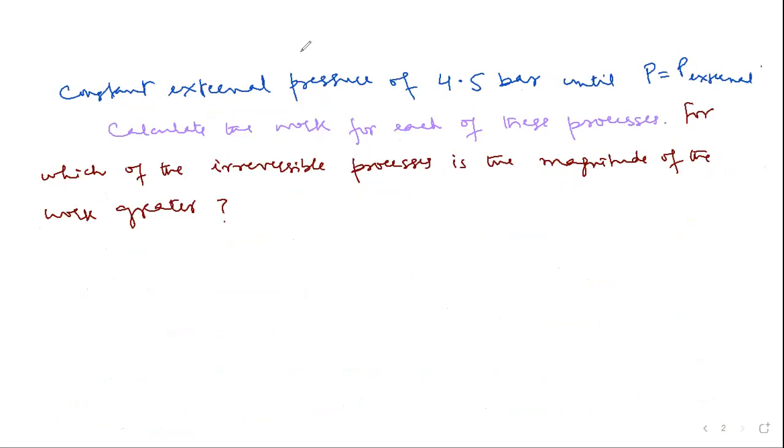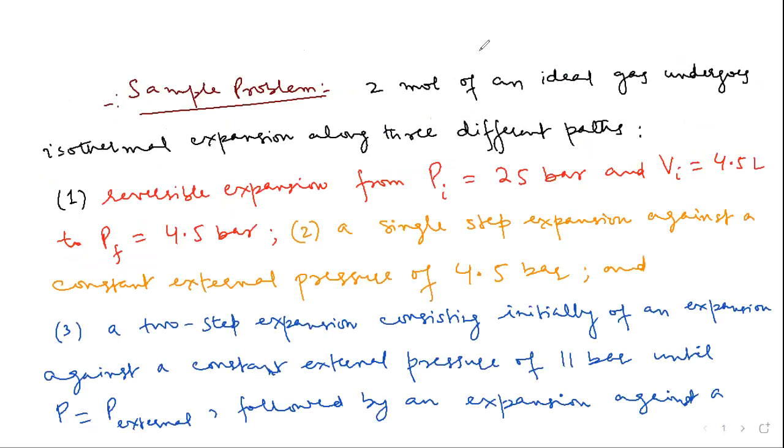So let us move to the solution. First, understand the question. I want to highlight certain things first. So our system is an ideal gas. What is the amount? We have 2 mole of an ideal gas, right? Now this undergoes isothermal expansion. That means the gas expands, its volume increases, and during the expansion, temperature stays constant because process is isothermal, right?